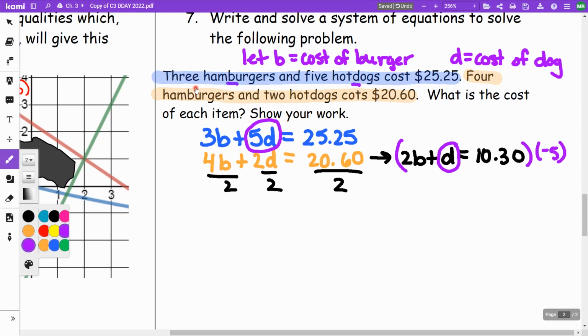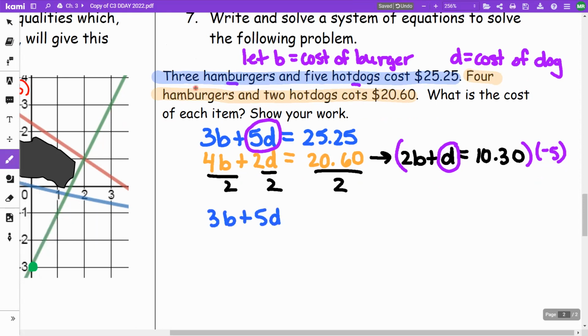Okay, so let me rewrite the first one. 3b plus 5d equals 25.25. My second one, I'm going to multiply by a -5, so I get a -10b minus 5d is equal to a negative 10.3 times 5, a negative 51.50.